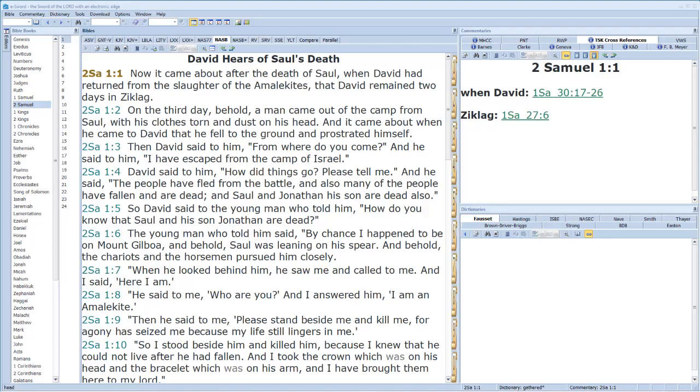And therefore, it's helping us understand how David came to learn about Saul, and David's attitude towards Saul. And that's what we're going to have in this chapter: David's attitude towards Saul after Saul dies. David himself had opportunities to kill Saul a couple of times, and David never did.